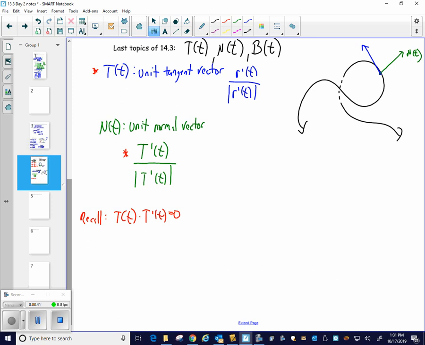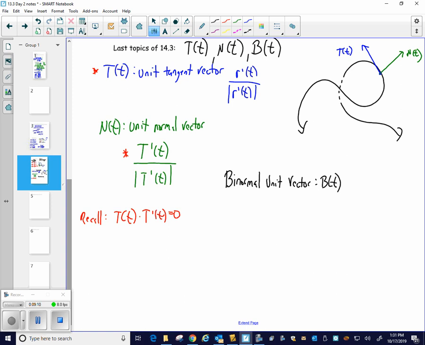This one in blue would be T(t). And then we have this last one, which is called the binormal unit vector, and that's B(t).